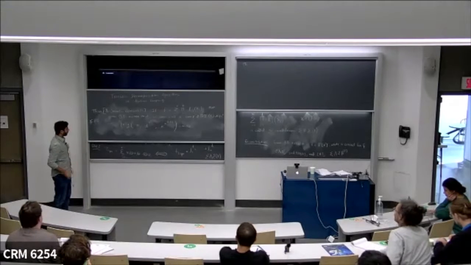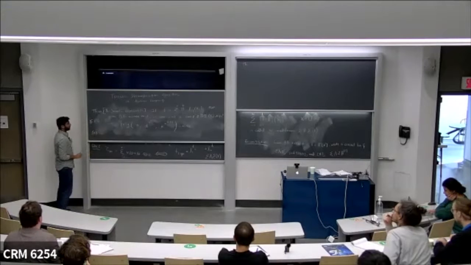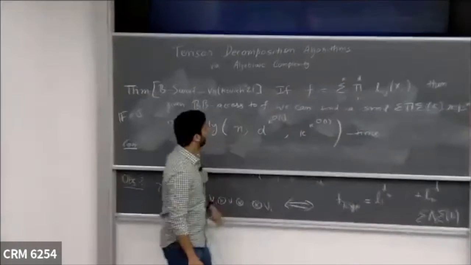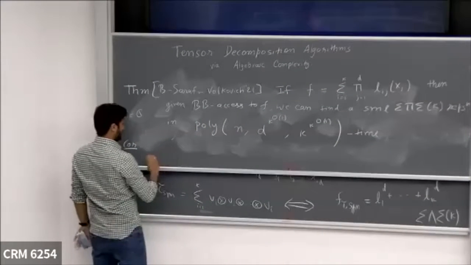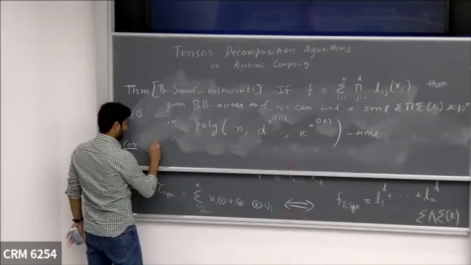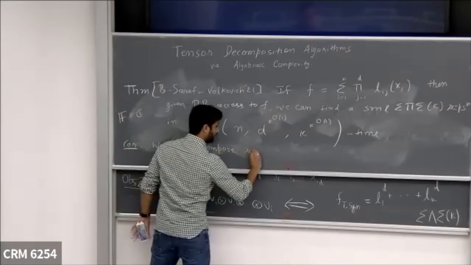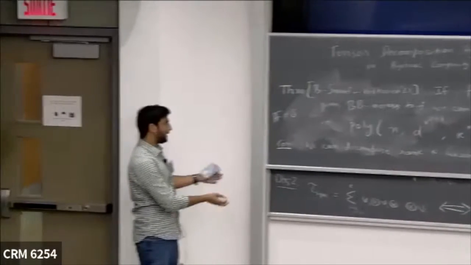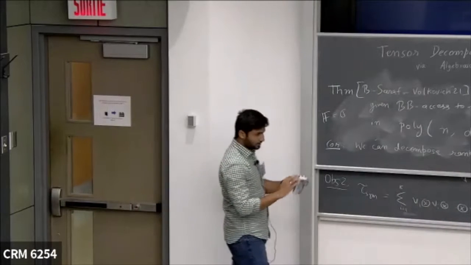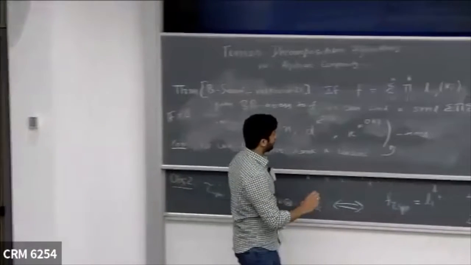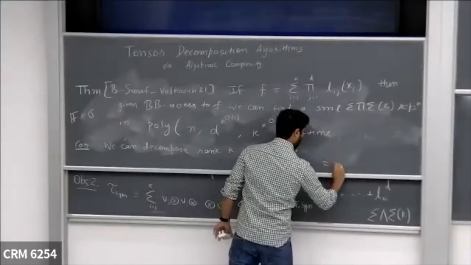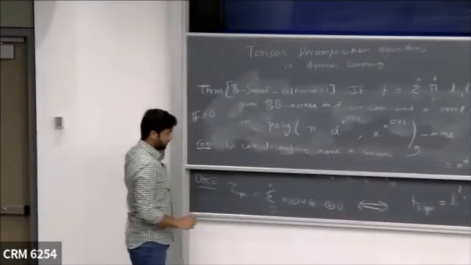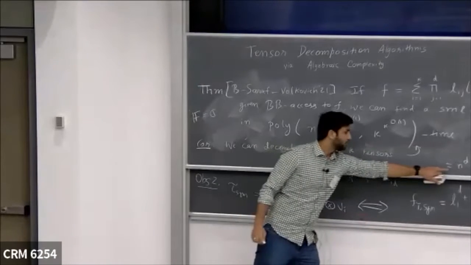So a corollary of this is, we'll instantiate for the polynomial f tau. We get that we can decompose rank k tensors in this amount of time. And this might look very odd at first, because just to write the tensor, you will need approximately n to the d bits of information, and this seems to be not even taking into account n to the d.